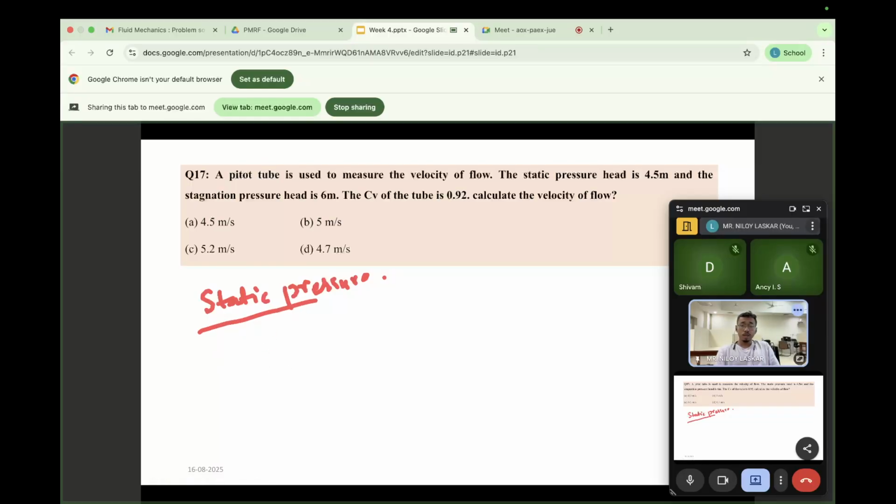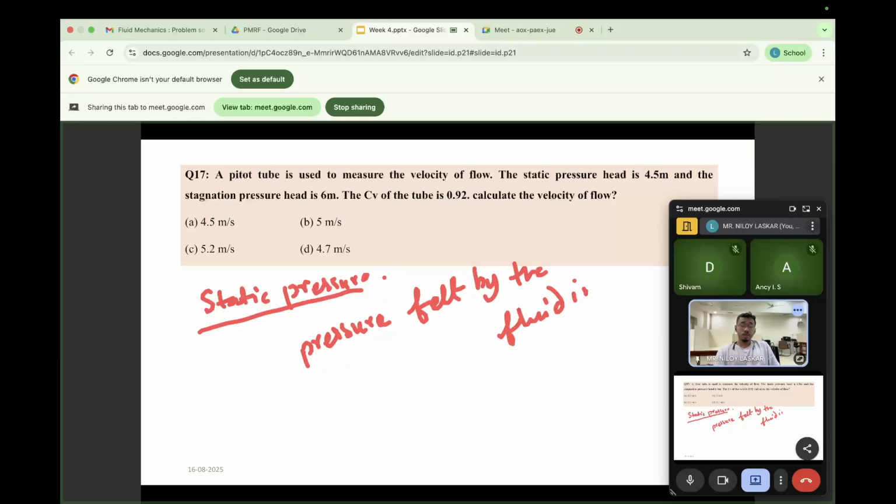So if a fluid is in motion, whatever be the thermodynamic pressure, that pressure is known as static pressure. Okay, so I can write it as pressure felt by the fluid in motion.